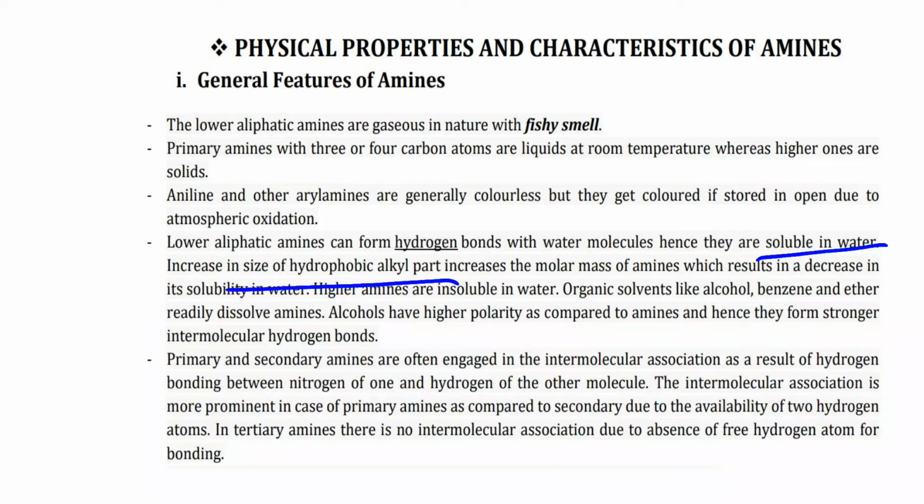Increase in the size of the hydrophobic alkyl part increases the molecular mass. The alkyl group is hydrophobic. What do you mean by hydrophobic? An increase in the hydrophobic alkyl group increases the molecular mass of amines, which results in a decrease in their solubility in water.